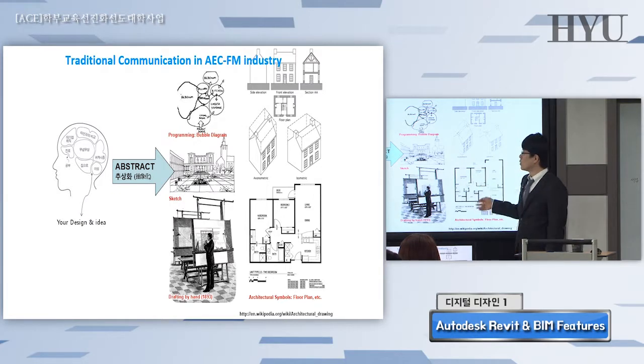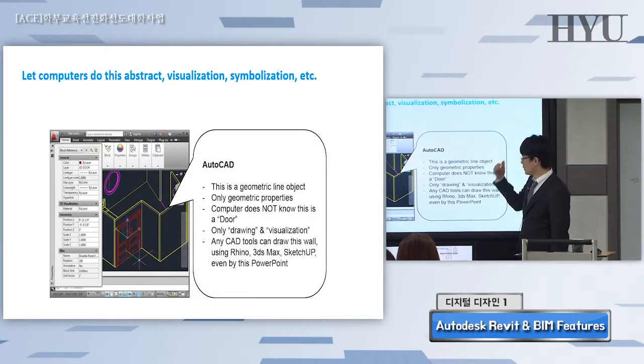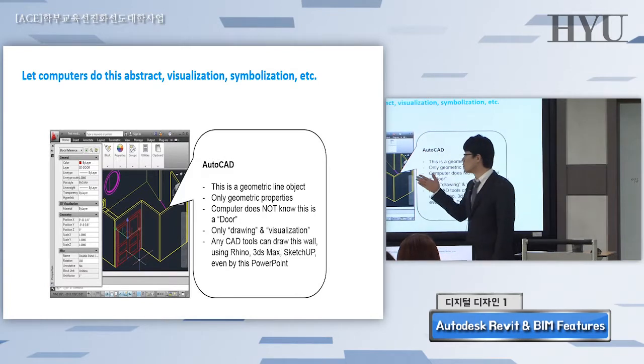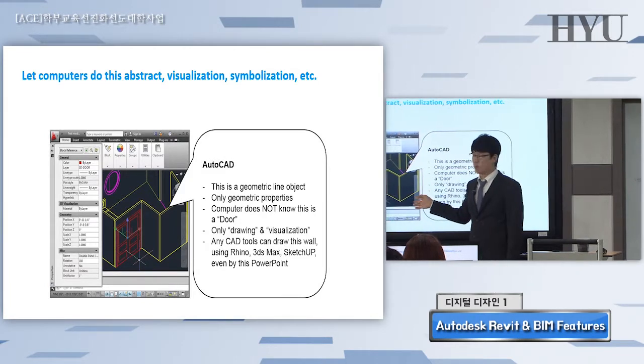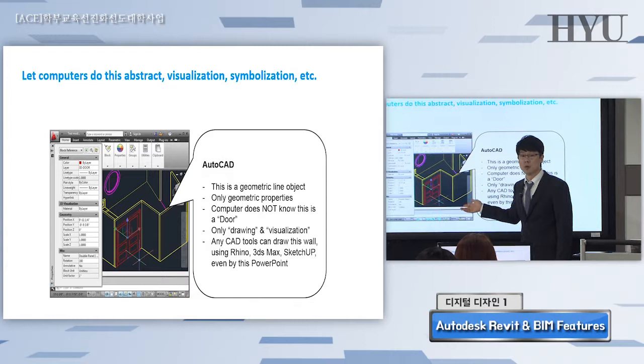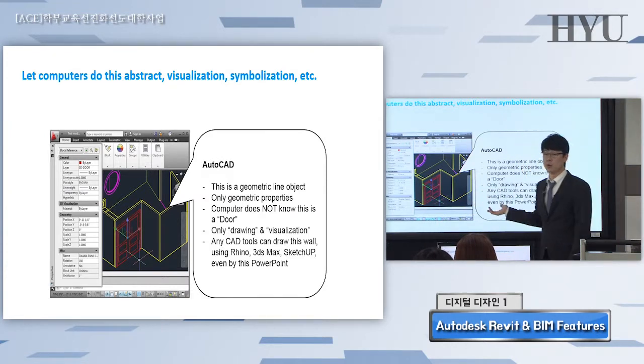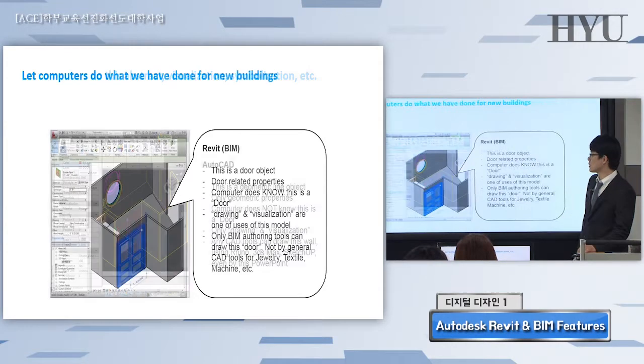Based upon this conventional process, humans invented computers and CAD systems. So they draw something by using computers, but they are still symbols, okay? Symbolic shapes, not actual objects.